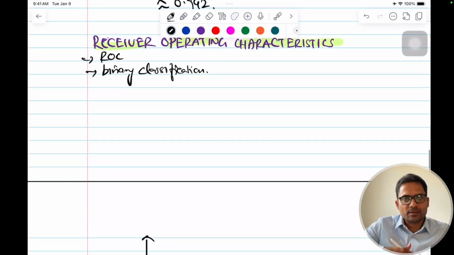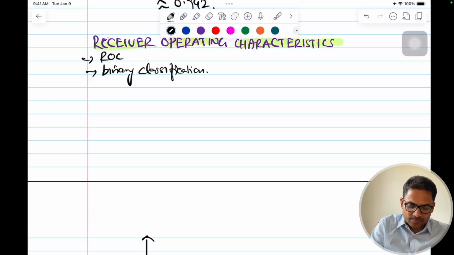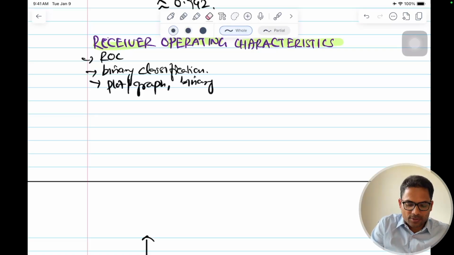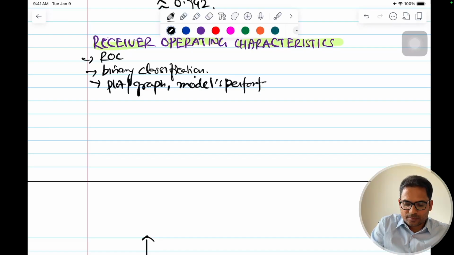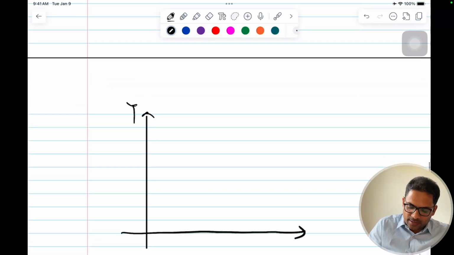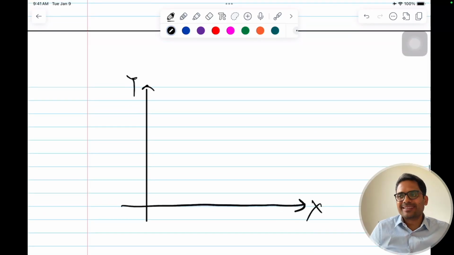It is a curve, a graph that we plot to understand a binary classifier's performance. Okay, we have written model's performance on binary classification task. So this is the y-axis, this is the x-axis, but what is there actually?